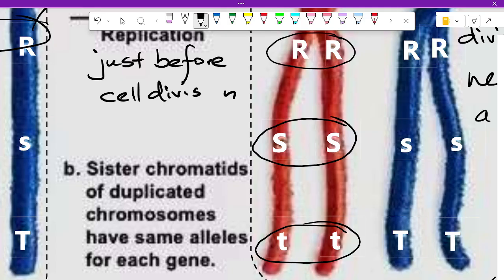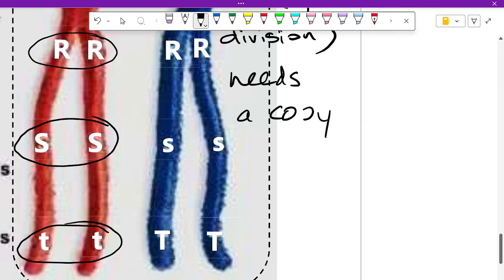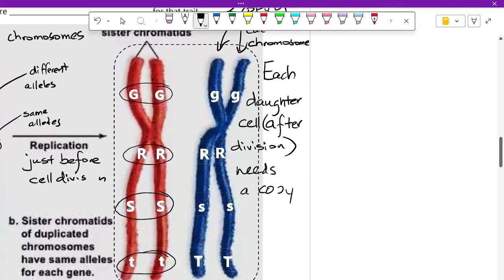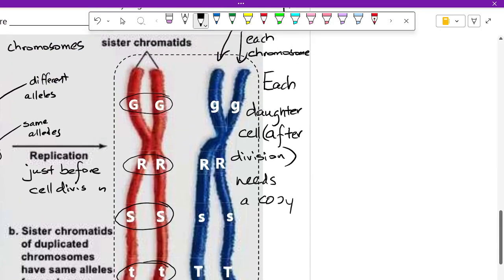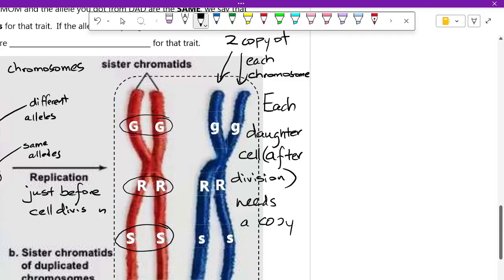Okay, so you got a replicated chromosome, and then you have its homologous partner, the blue one. So these two together are homologous chromosomes, but the two sides of the replicated chromosome are called sister chromatids. New word.